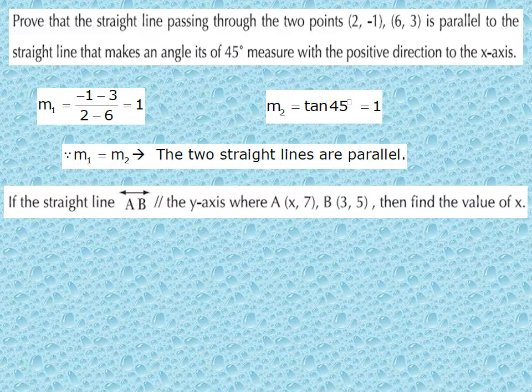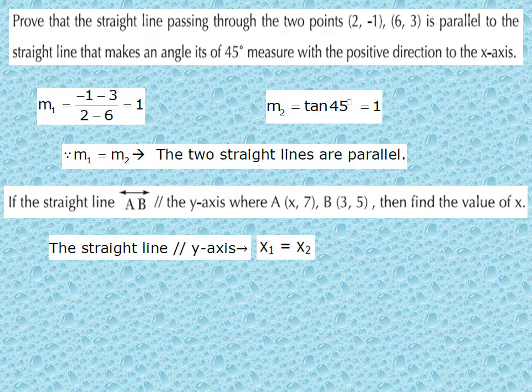Another example, if the straight line AB is parallel to the y-axis where A is (x, 7) and B is (3, 5), then find the value of x. The straight line is parallel to the y-axis, then x1 equals x2.